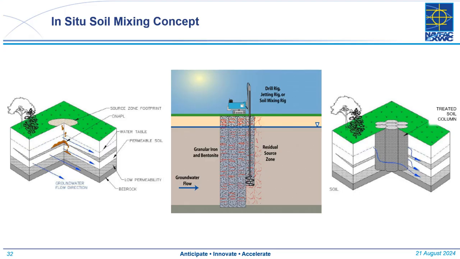It could be granular iron mixed with bentonite. We'd use a large diameter auger to accomplish that. Once we're done, we may have something like what's shown on the right-hand graphic, a series of columns where the contamination once stood, but it's been altered by the mixing of the deep soil rig and maybe any treatment agents left behind.